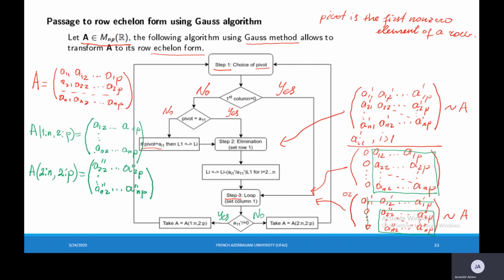At the end of step 3, the result will be this matrix or this one. Depending on this condition, we take this matrix or this matrix instead of A. Then we take these matrices as an input in step 1 and repeat this procedure, so that at each iteration we apply the steps to the submatrix of A until obtaining a row echelon form.